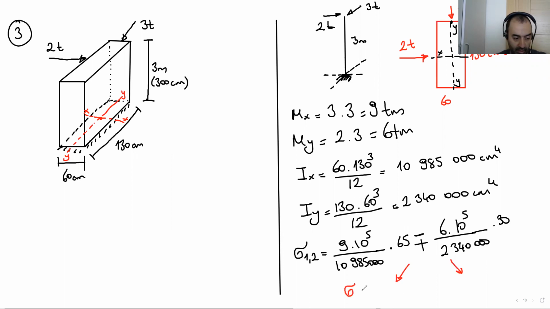Sigma 1, let's say, is, sigma 2, okay. Now what we do here, you know, this force causes a bending like this.